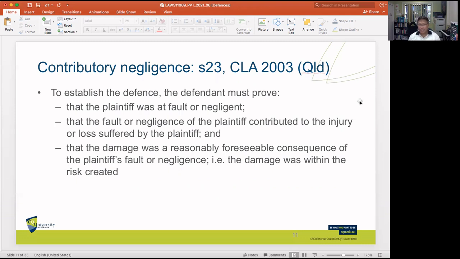It only means that the defense has to show that the plaintiff himself or herself was also at fault or was also negligent, and that the fault or negligence of the plaintiff contributed to the injury or loss suffered by the plaintiff. And finally, that the damage was a reasonably foreseeable consequence of the plaintiff's fault or negligence. In other words, the damage was within the risk created.